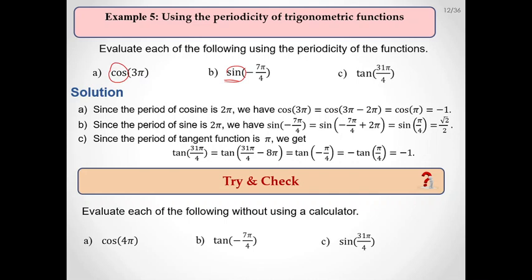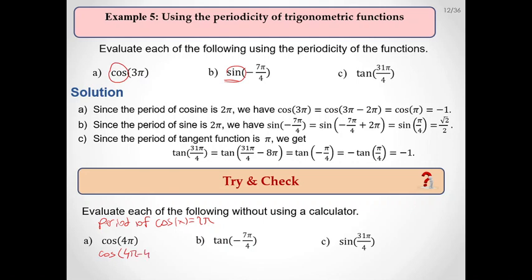Okay, let's evaluate the following. Cosine 4 pi. The period of cosine is 2 pi, right? So I can add or subtract multiples of 2 pi.